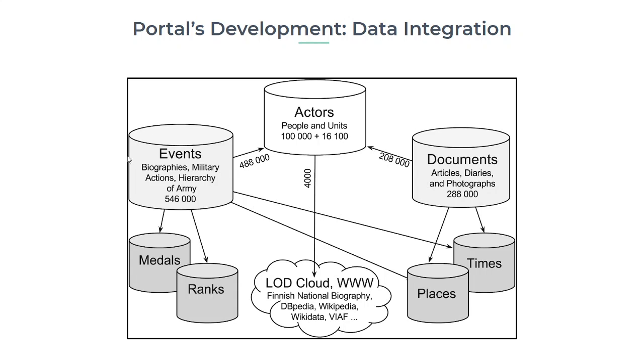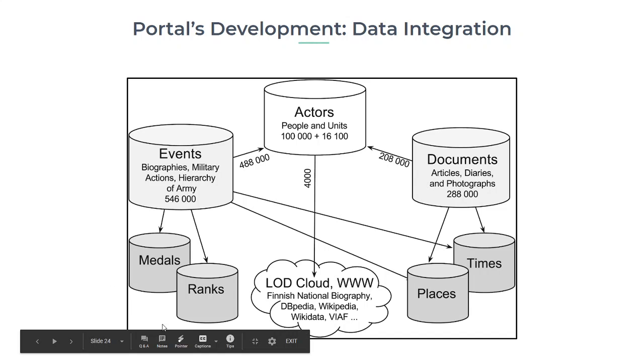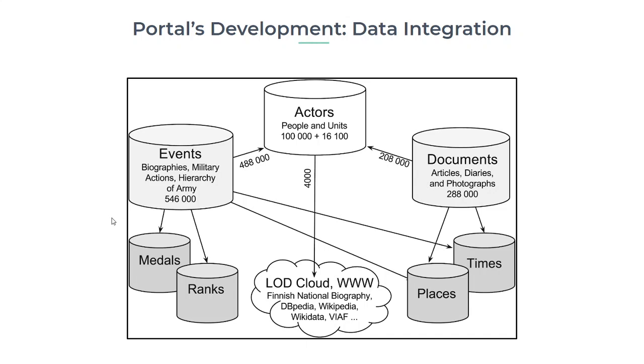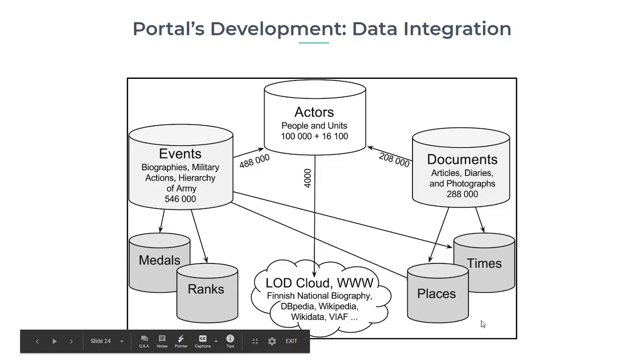There were links created from events to actors, which were 4,88,000 in amount, and there were links to the sources from which this data was accumulated, about 2,08,000. And there were separate graphs given for medals and ranks, and separate graphs given to the places and times to capture the spatio-temporal context of the model.